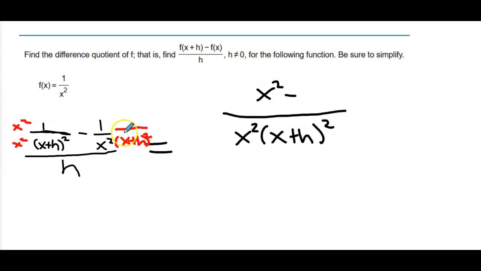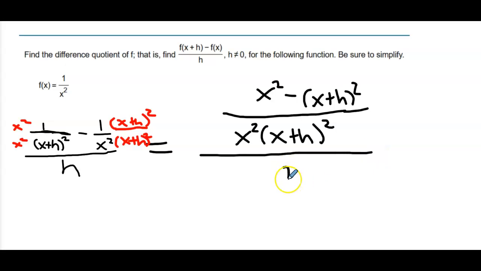So we can multiply top and bottom by x plus h squared. And in that case, it's just going to be a minus 1 times that x plus h squared. So here we have the two terms in the numerator of our difference quotient combined into a single term. Since it's a difference, we combine them with a common denominator. So they're both still over h.